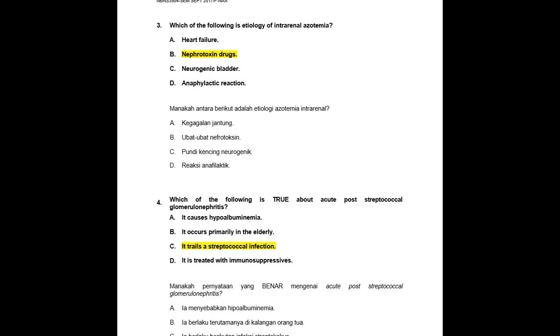And then neurogenic bladder. Neurogenic bladder means the lack of bladder control due to nerve damage. Due to this, problems like incontinence and urine retention can happen. When there is urine retention, it can be an indirect cause for azotemia, but the reason is outside the kidney, so it's not an intrarenal cause.